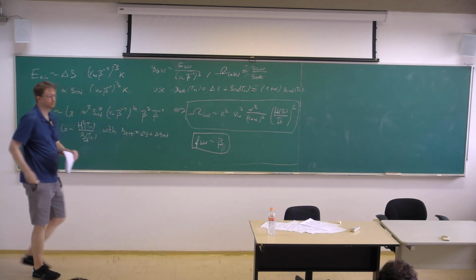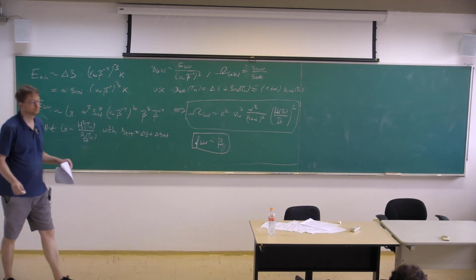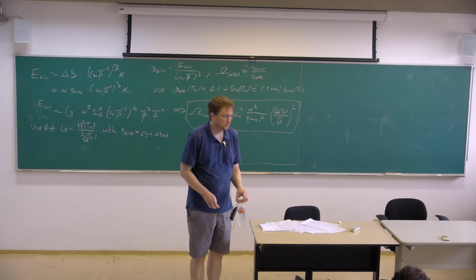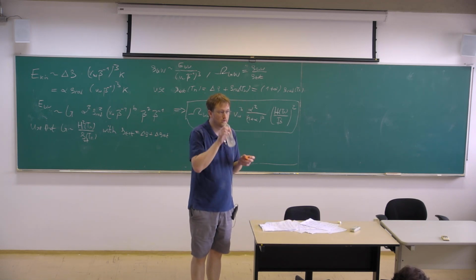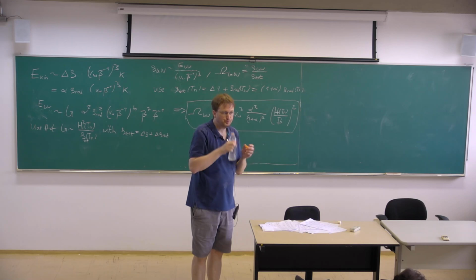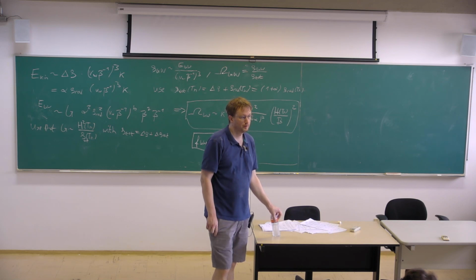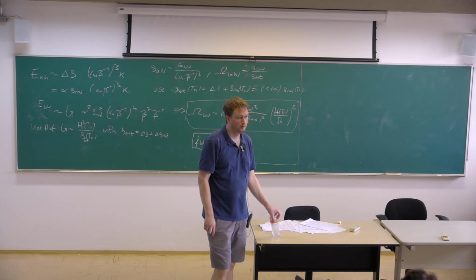And beta can be very different from the Hubble scale? Yeah, exactly. It can be orders of magnitude different from the Hubble scale. So it cannot exceed the Hubble scale. Sorry? So the time scale is always longer than the Hubble scale or shorter? In the scenarios I'm looking at, it's always shorter than the Hubble time.